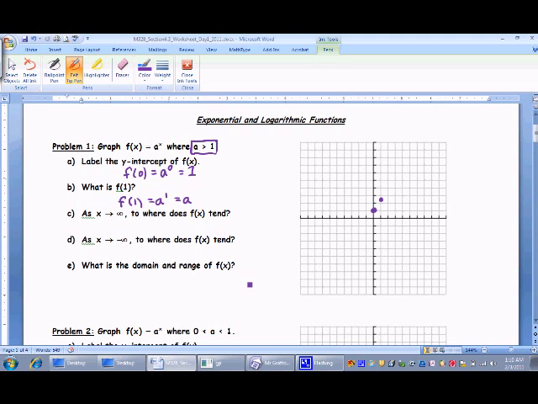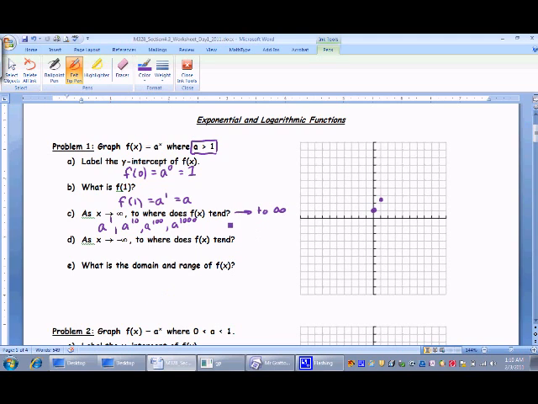Now, as x tends to infinity, where does f of x tend? So what this is saying is, for larger and larger inputs into our function, what happens to our outputs? So for example, I might do a to the first, then a to the 10th, then a to the 100th, a to the 1000th, etc. And for an a value that's bigger than 1, what's going to end up happening is we're going to tend to infinity.